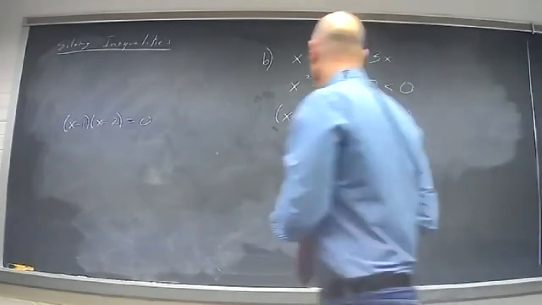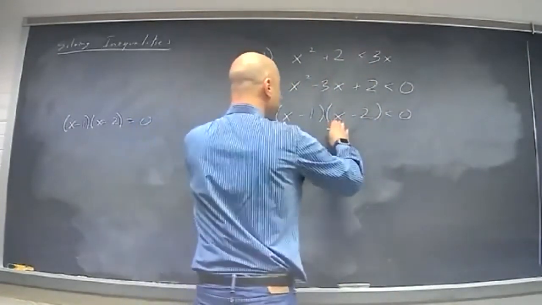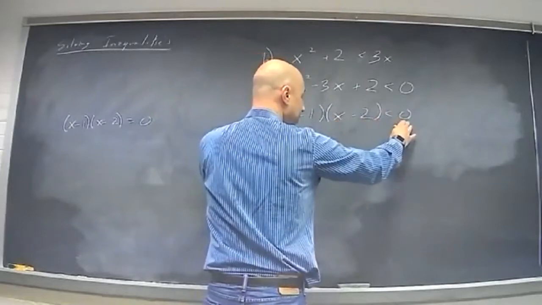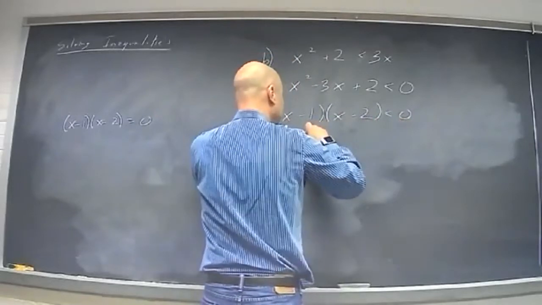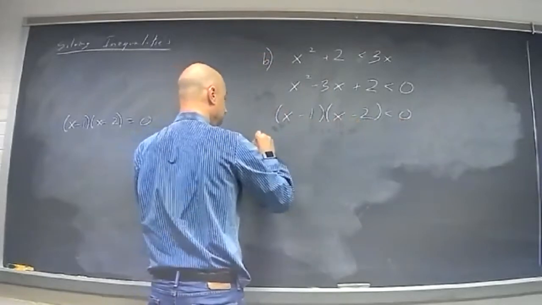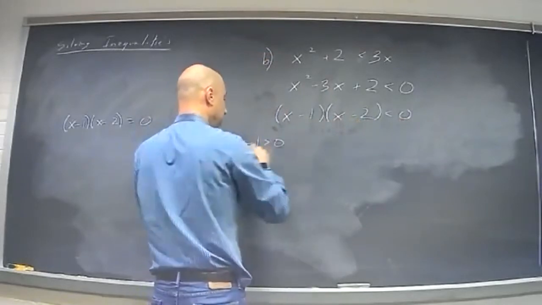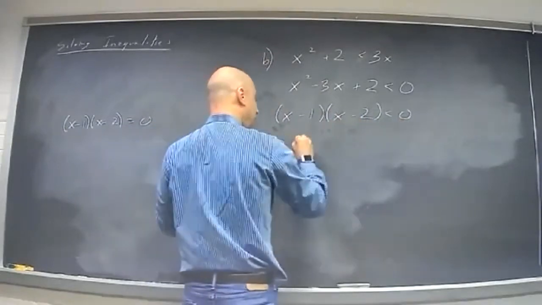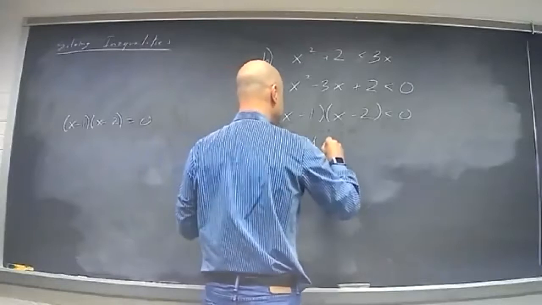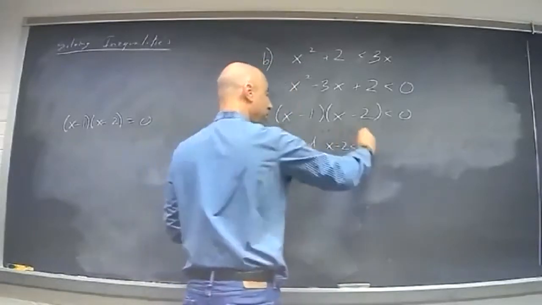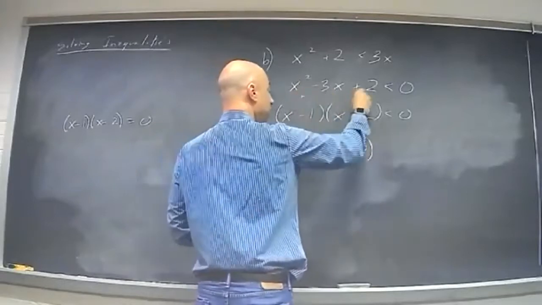So let's write down what we just said. The only way for the product of these two things to be negative is if one of them is positive and the other one's negative. So either the first one's positive, we just said x minus 1 is greater than 0, and the second one's negative, x minus 2 is negative.